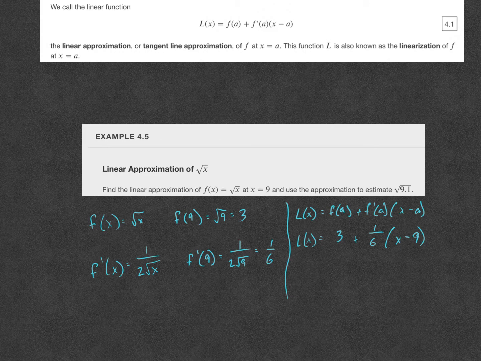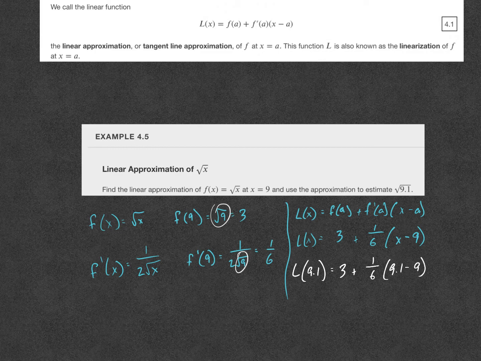All right, so let's find 9.1. So my linear approximation, L of 9.1. Notice I'm not putting the square root there. We're not doing any square roots in this approximation function. We're only taking the square root of the quote-unquote easy number that we know the square root of. So L of 9.1 is equal to 3 plus 1/6 times 9.1 minus 9.